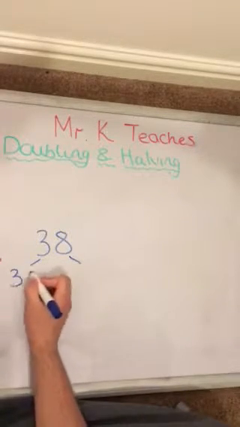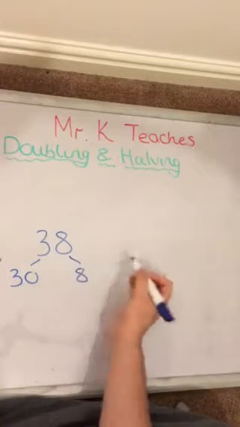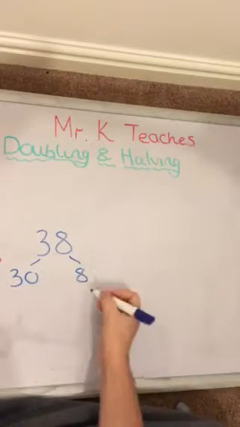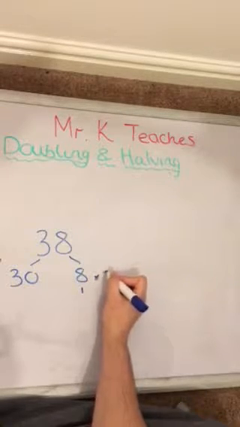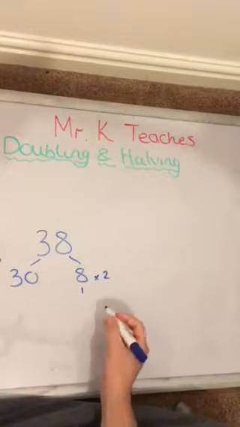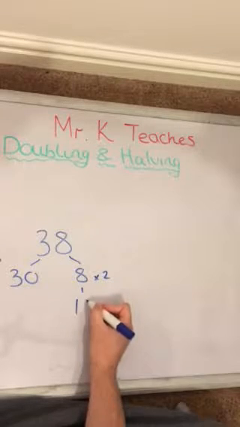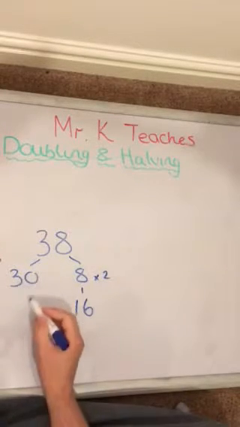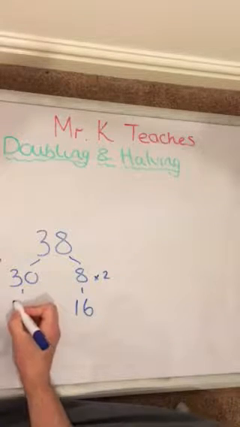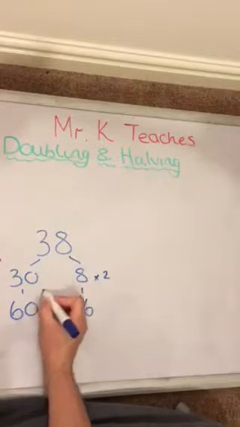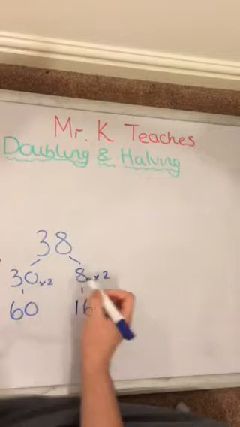So 30 and 8. Okay, so if I'm doubling the number 8, that's 8 times 2, then that's going to give me 16. And if I'm doubling 30, that is going to give me the number 60, because I'm timesing that by 2 as well.